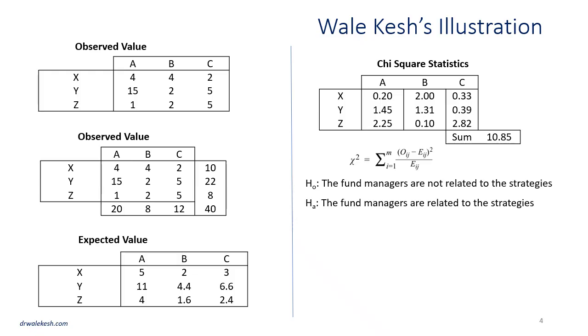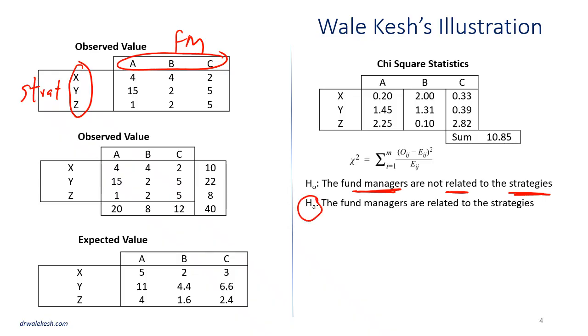Before we move on, let's imagine that what we have here is strategies, and what we have here is fund managers. So we can form our null. Our null would be that the fund managers are not related to the strategies.